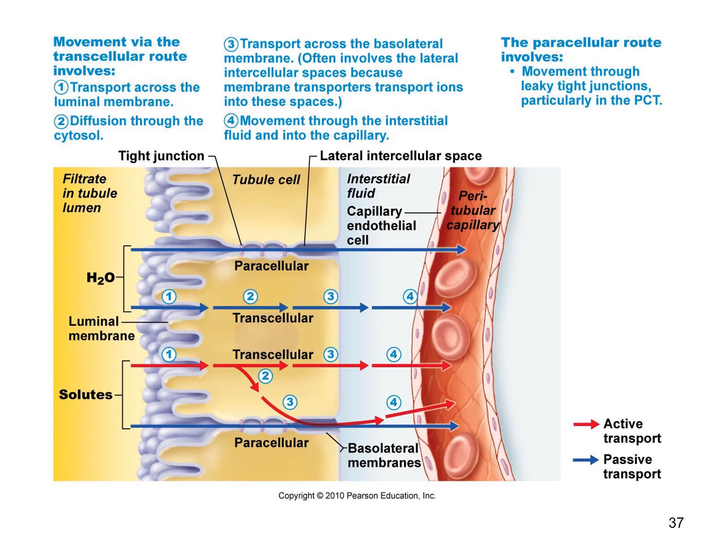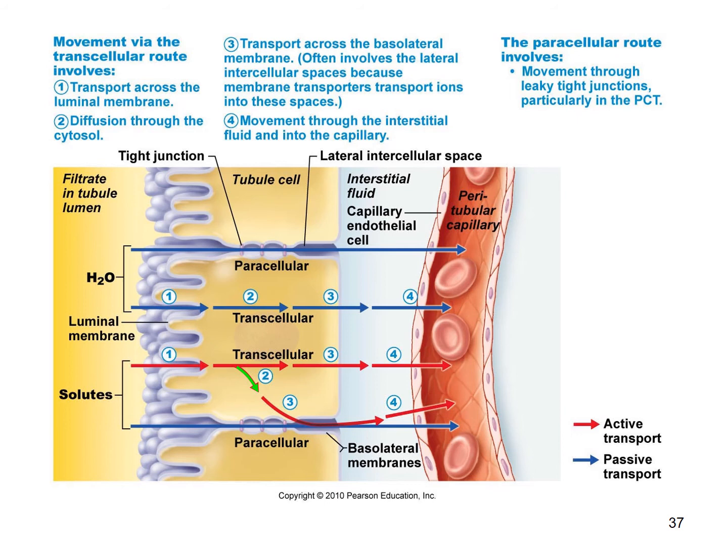The first part of movement via the transcellular route involves transport across the luminal membrane. So right here, you can see that both solutes and water have to pass across the luminal membrane. The next thing that happens is diffusion through the cytosol. You'll notice that one of those green arrows remains, and what I wanted to show you with that arrow is that sometimes the solutes will actually join into the paracellular route, which is just beneath it.